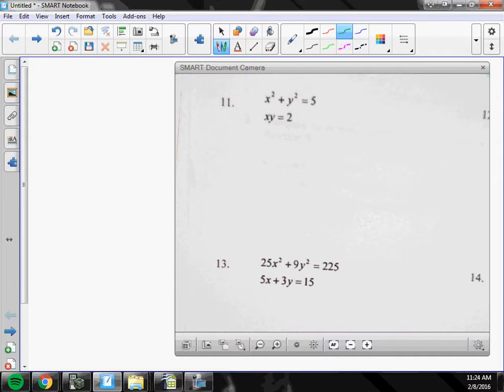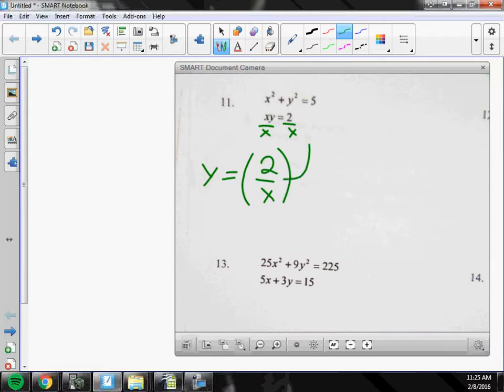Divide the bottom by x or y. It doesn't matter. So let's divide the bottom by x. And I get y equals 2 over x. Well, chances are this doesn't actually have fractions in the answer. So let's plug that in.